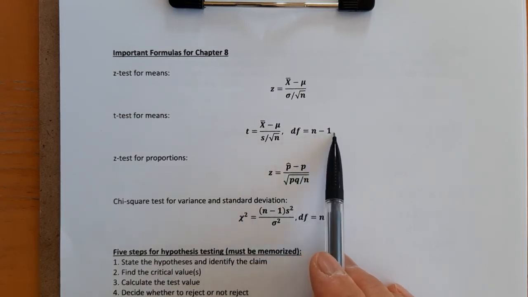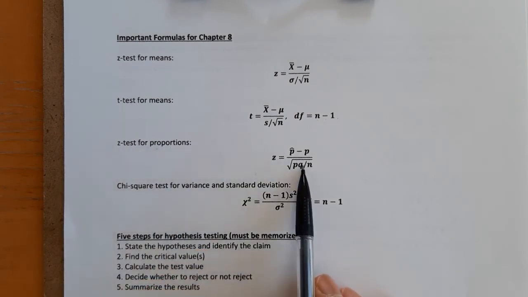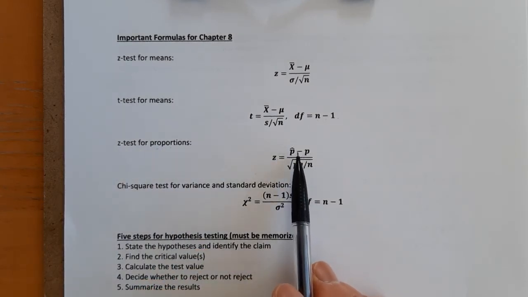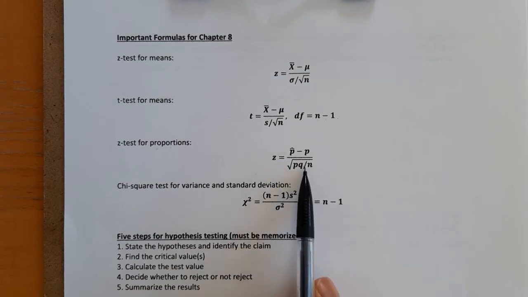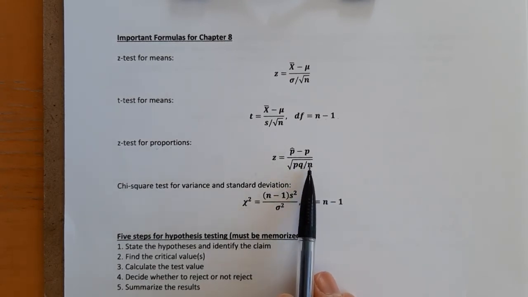Degree of freedom is n minus 1. And the z-test for proportion is p hat, the sample proportion, minus the population proportion, over square root of p times q over n.